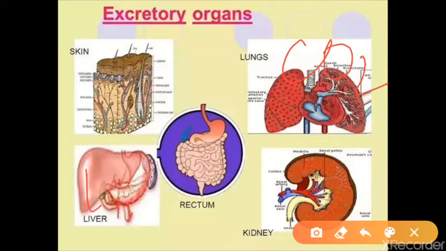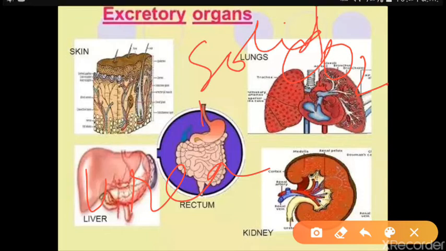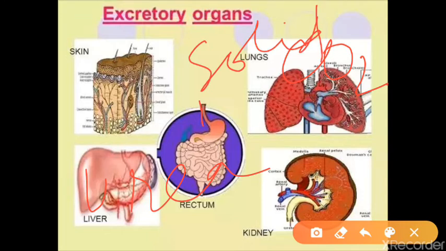That means we have here CO2, here urea, and in the kidney I'm leaving it for now, the solid one, and in the skin. Now come to the skin: the extra water we have is also removed by our skin. Just like in the summer season, if you are moving under the sun or running, you are losing a lot of water, the sweat is coming from your body, so that is the removal of water.